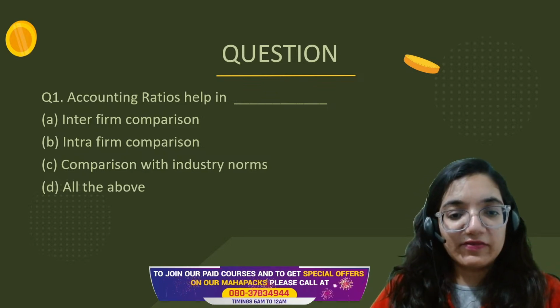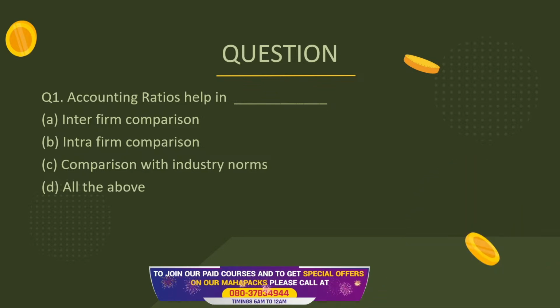Right? So here comes the first question, everyone. First of all, they talk about accounting ratios helps in. What does the accounting ratio help in, everyone? What's the basic purpose of accounting ratios?